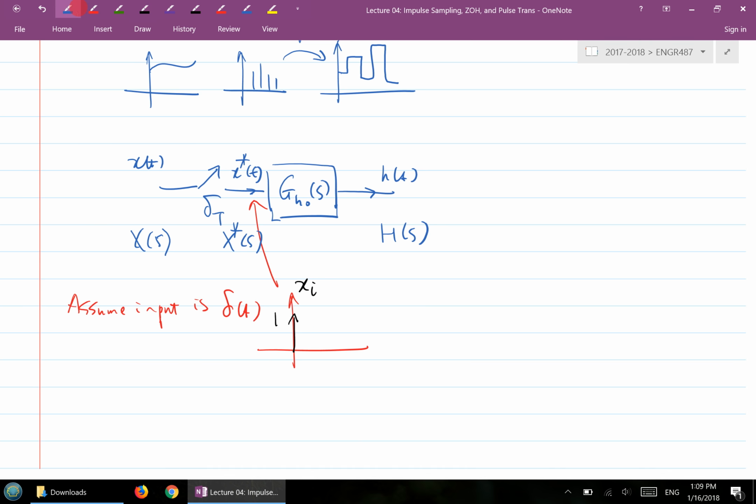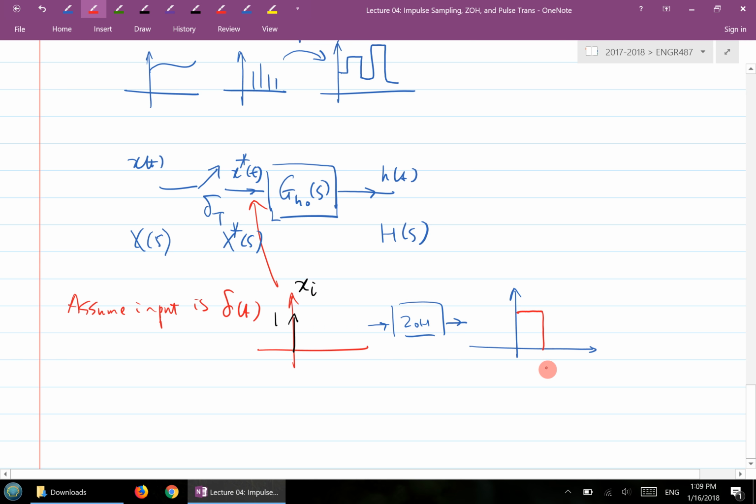Now, what comes out of the zero order hold? You pass this one through the zero order hold, and all it does is hold the input for how long?